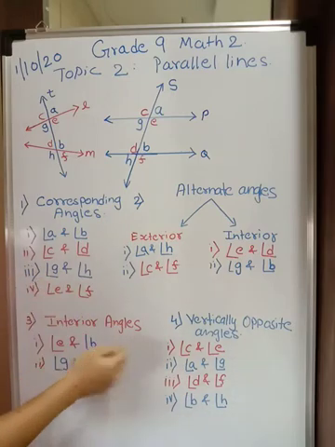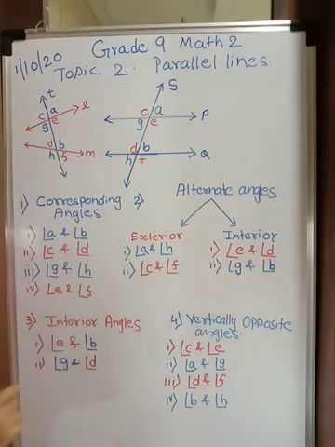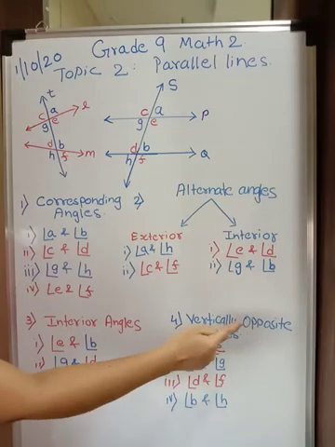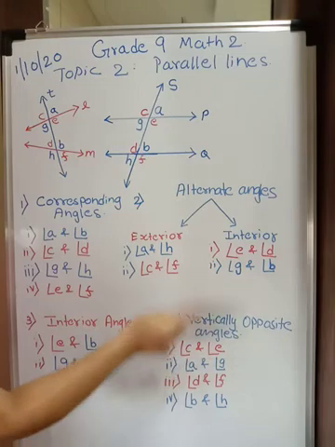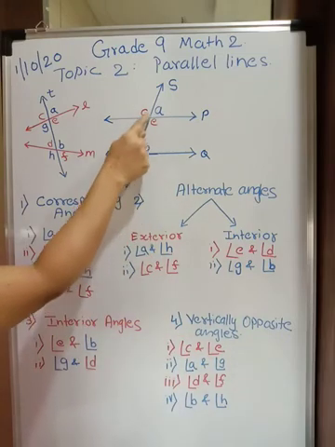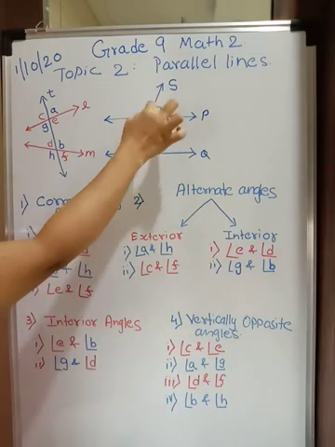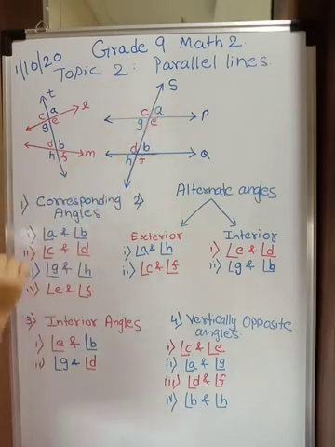And another type: whenever any two lines cross each other, the angles formed opposite to each other are called vertically opposite angles. Consider this pair C and E. The arms of both angles, if you extend them, form opposite rays. That is what we have seen in our lower classes.